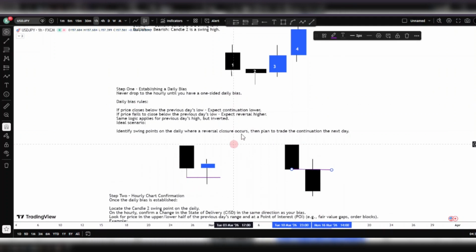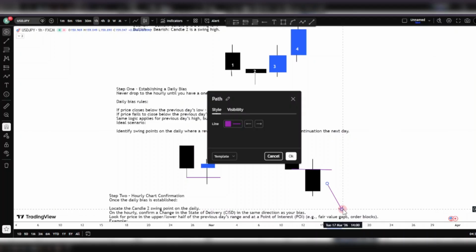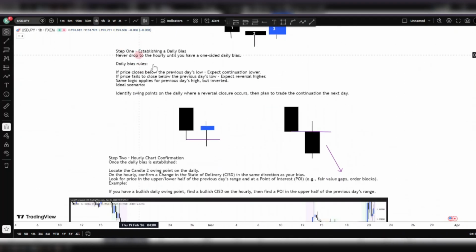So we expect price to reverse higher. And in this example, because we closed below the previous day low, we expect price to continue even lower. Yeah. So that is our step 1. So we already have our bias. These are two scenarios: we can either have a reversal or a continuation.